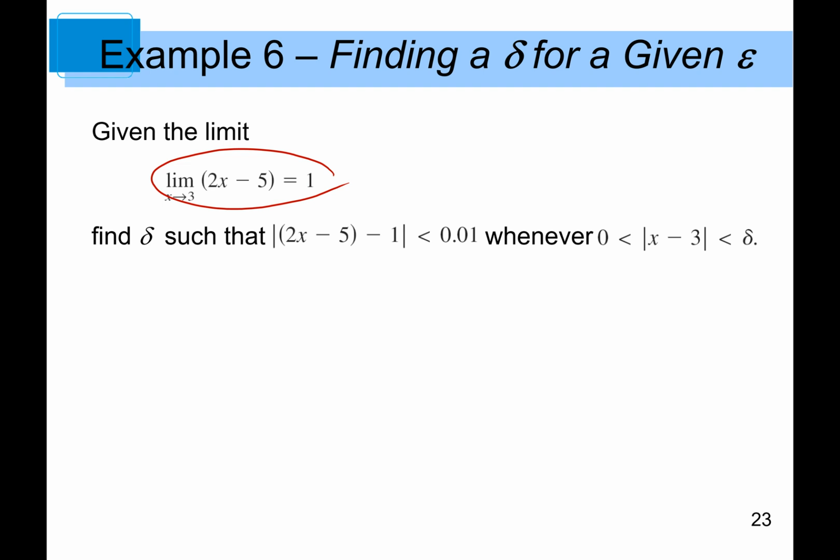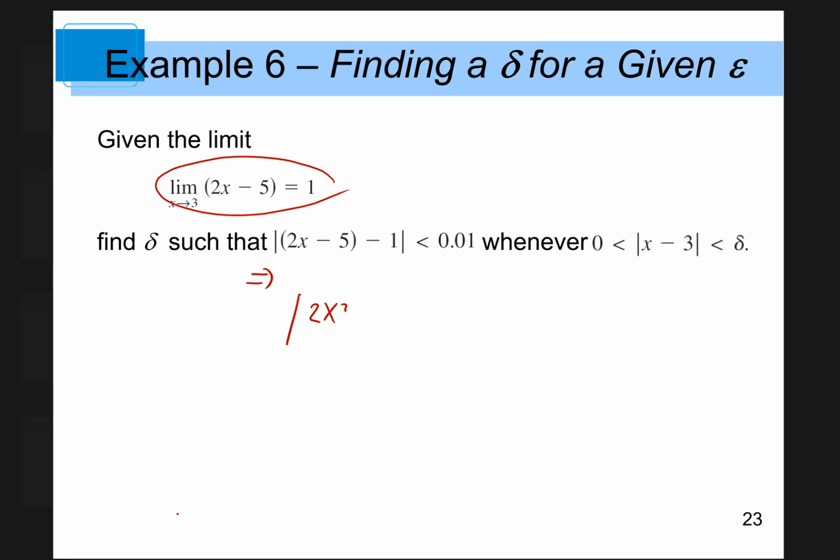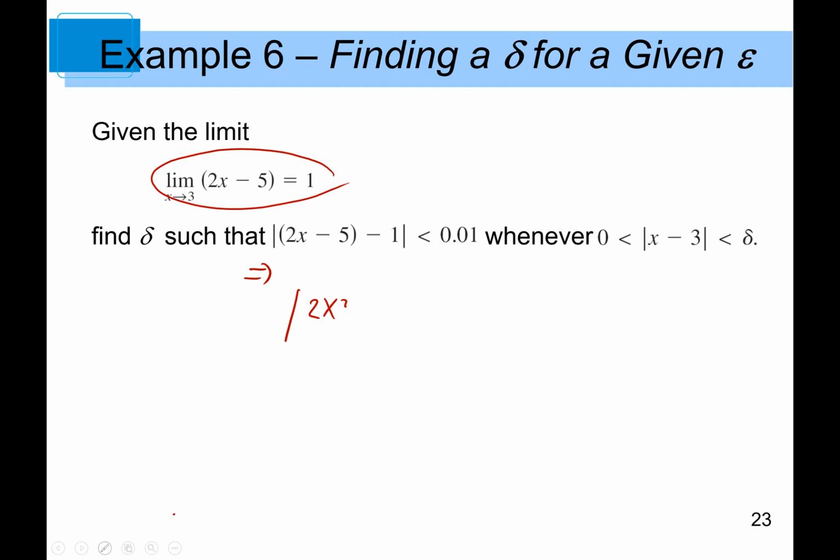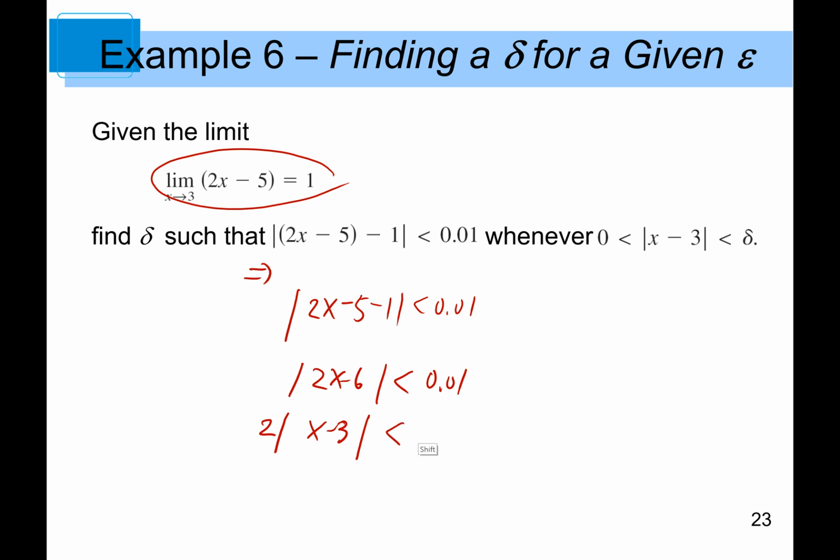So here you can easily just expand it. 2x minus 5 minus 1, less than 0.01. So here is 2x minus 6, less than 0.01. If you factor out 2, put it in front, you get 2 times absolute value of x minus 3, less than 0.01.